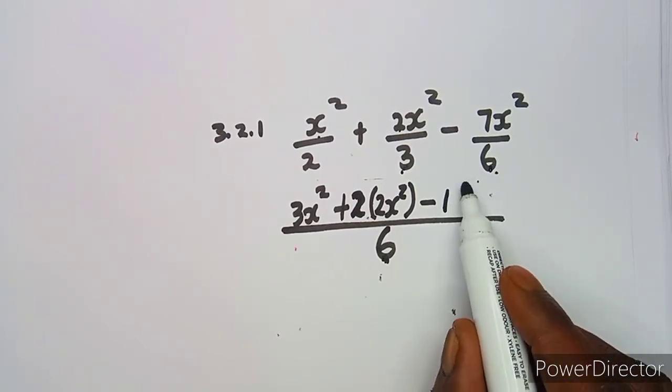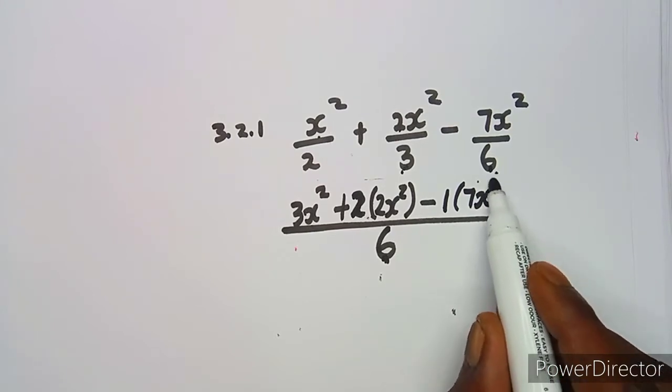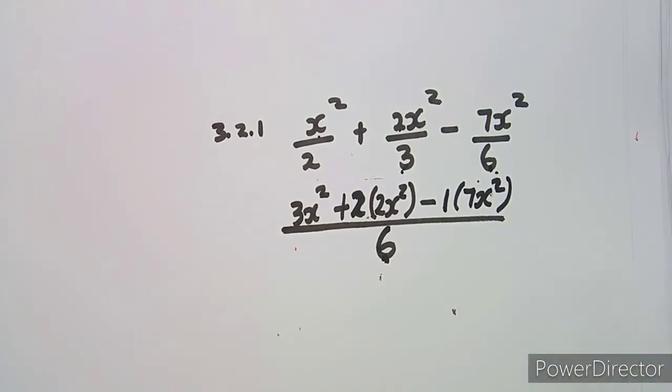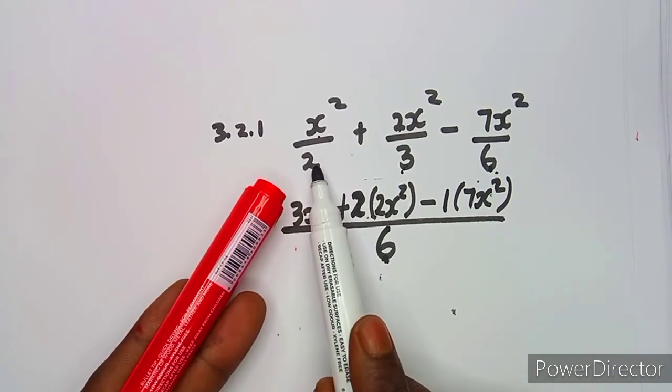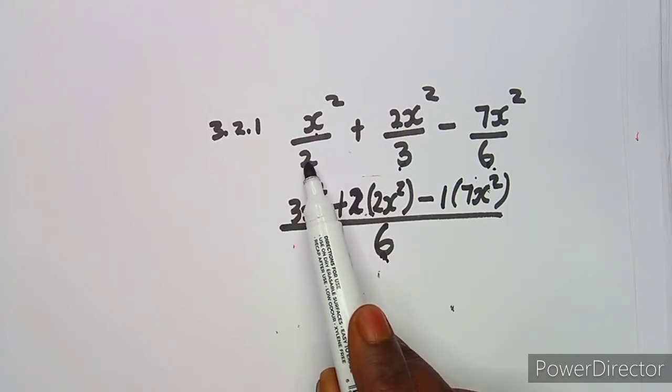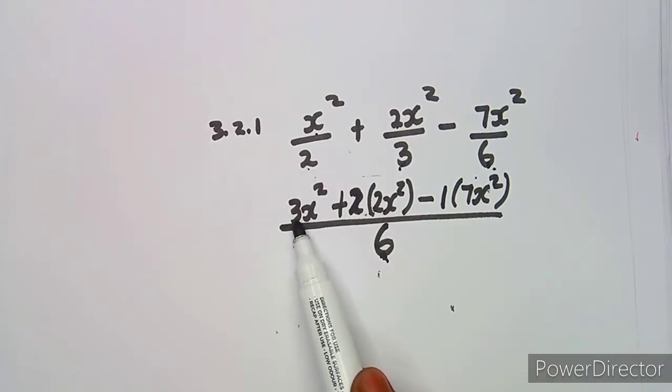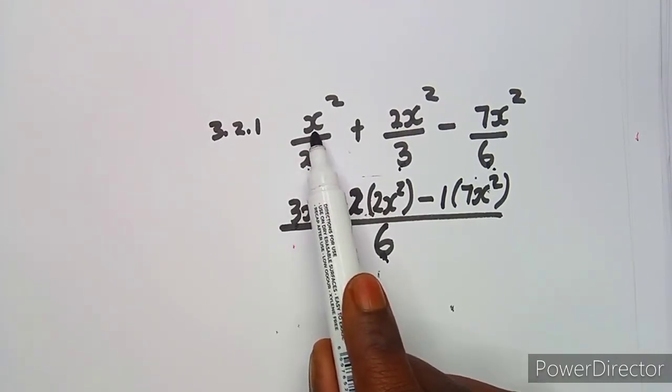So this 1 multiplies the 7x squared on top. That is the idea there. So take note, guys, it is your LCD divided by the denominator here, 6 divided by 2, which is 3. Whatever you get, you multiply to x squared.